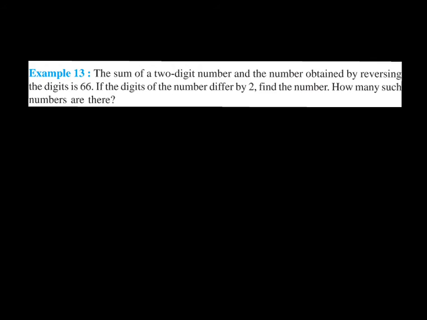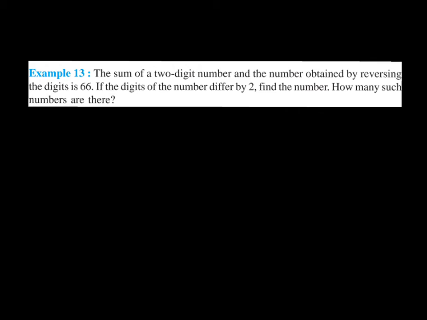Look at this problem. The sum of a two-digit number and the number obtained by reversing the digits is 66. If the digits of the number differ by 2, find the number. How many such numbers are there? So let's apply the concept of two-digit numbers.